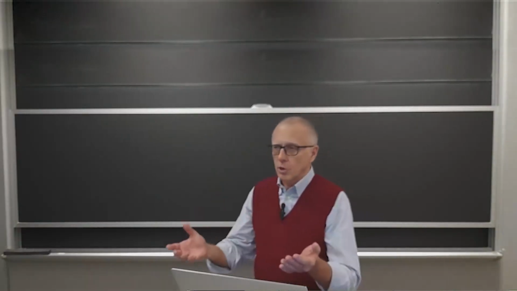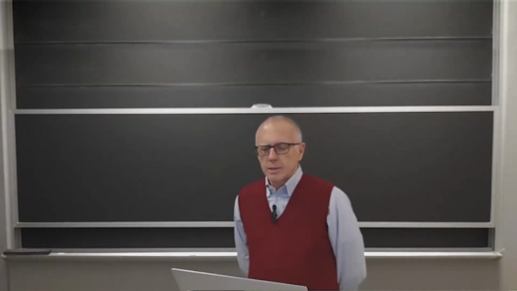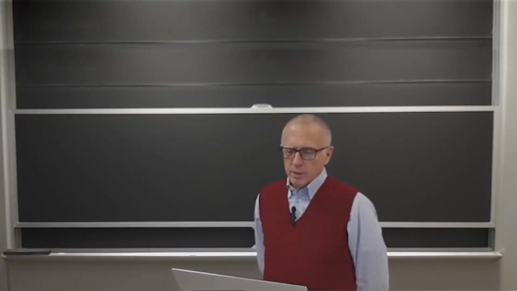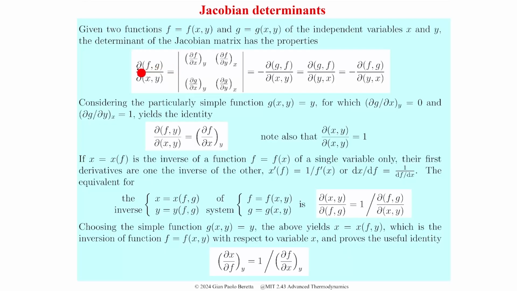The matrix is the Jacobian, and the determinant of the Jacobian we call Jacobian anyway, just for short. And we use this symbol, which resembles a partial, because somehow it's a partial of a vector of functions with respect to a vector of independent variables.